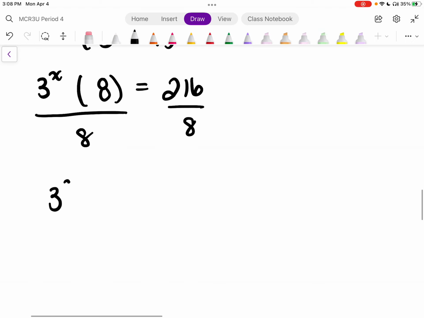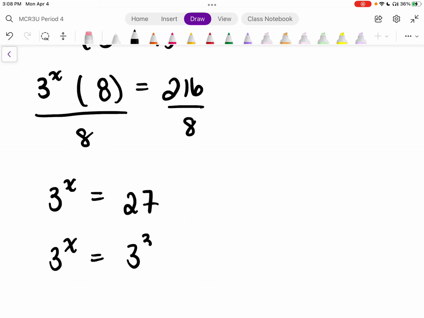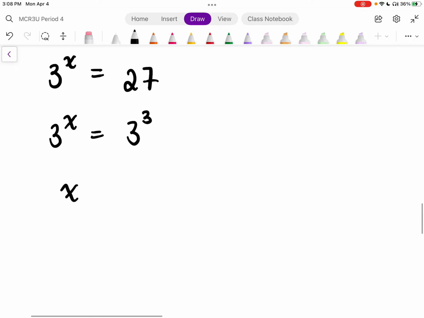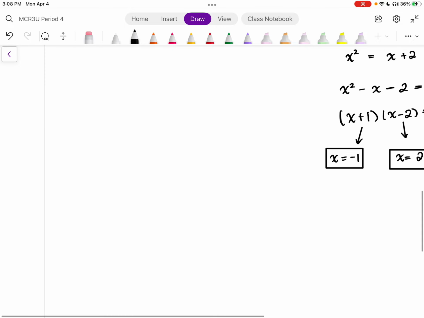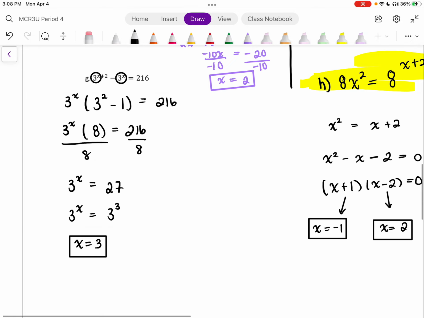So I'm left with 3^x is equal to 216 divided by 8, which is 27. 3^x is equal to 27, we know 27 is 3 cubed. x is equal to 3. Okay, and that's how you would go about that. You would just go ahead and factor out the 3^x from there.